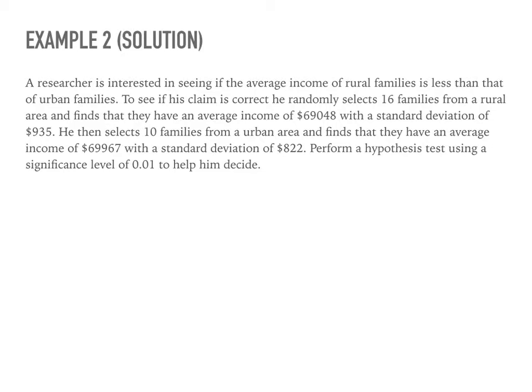He then selects 10 families from an urban area and finds that they have an average income of $69,967 with a standard deviation of $822. Perform a hypothesis test using a significance level of 0.01 to help him decide.